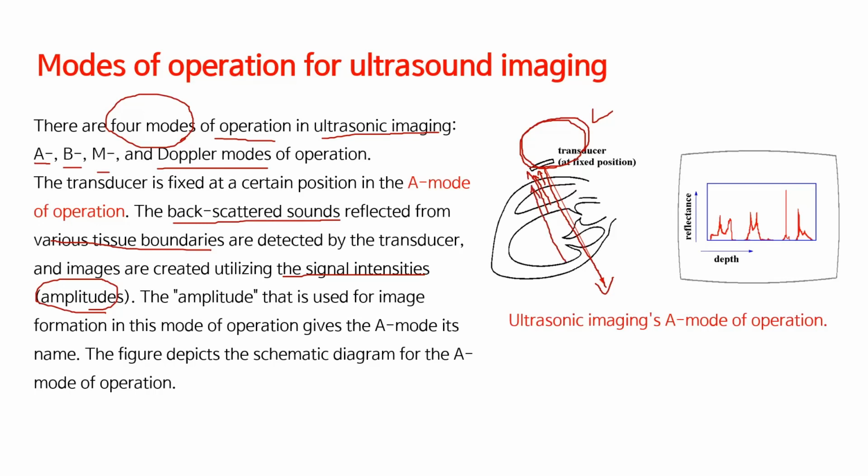Okay, so we can get the signal intensities, the reflectance, as a function of depth. So different depths. This kind of signal can be obtained using A mode of operation.